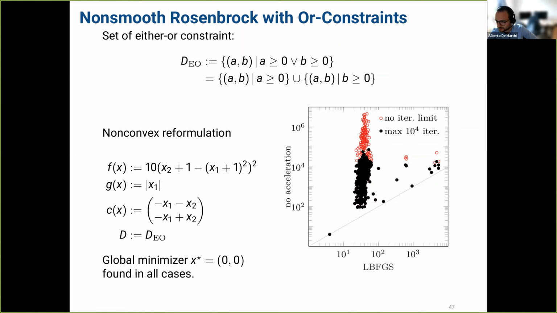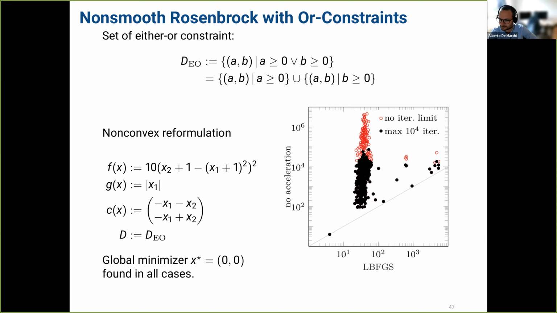So we go up to 10,000 or a million, whereas with acceleration, we need at most, in most cases, 100, let's say. And also we see that acceleration here helps a lot to have a more robust behavior, because the distribution is much narrower, around 50 iterations or so in total.